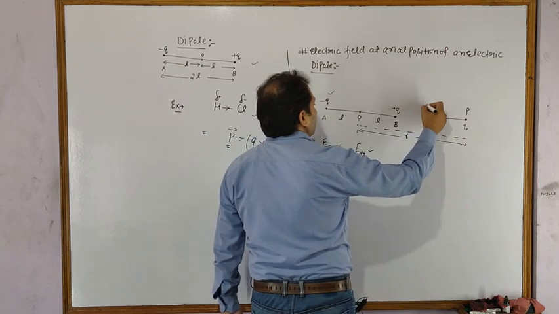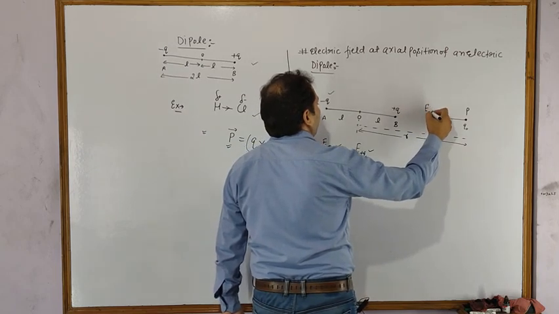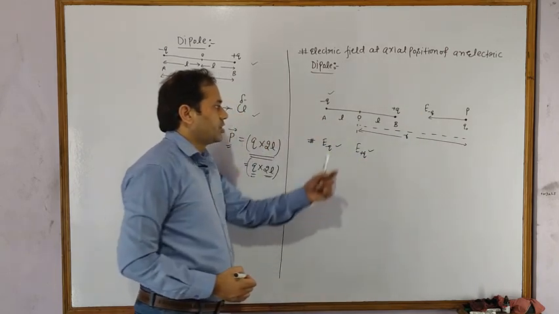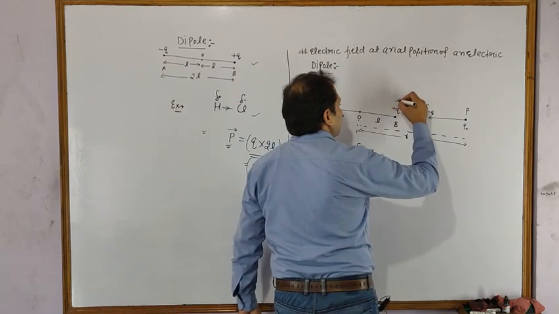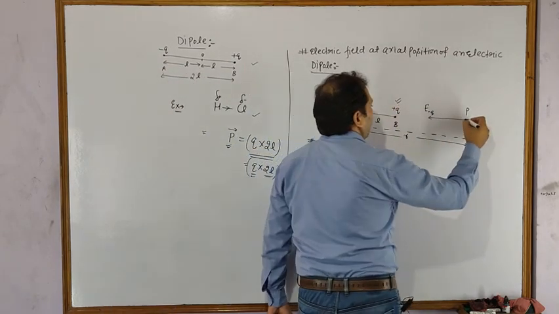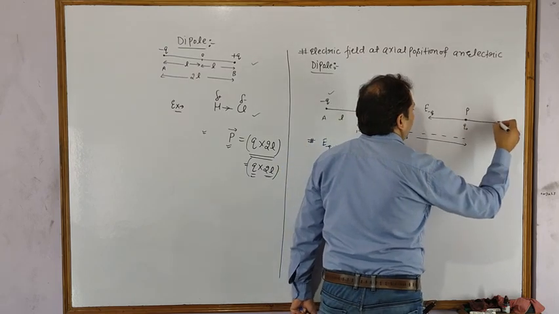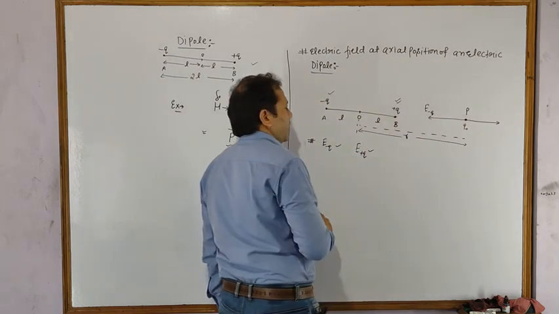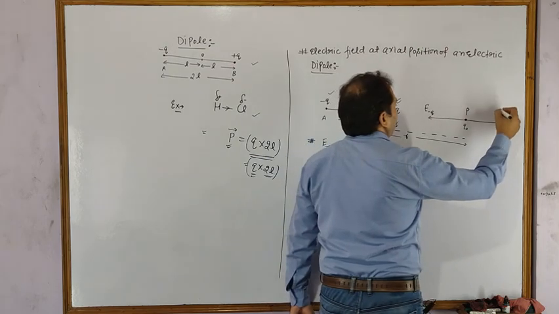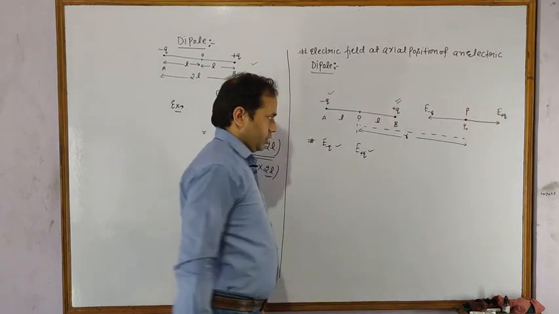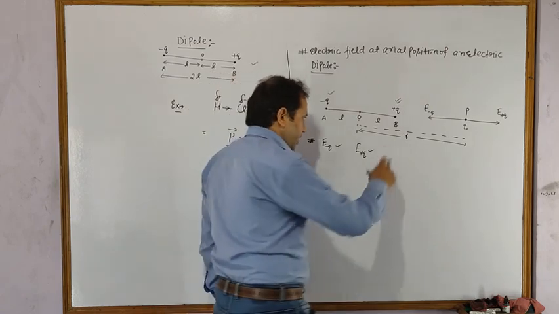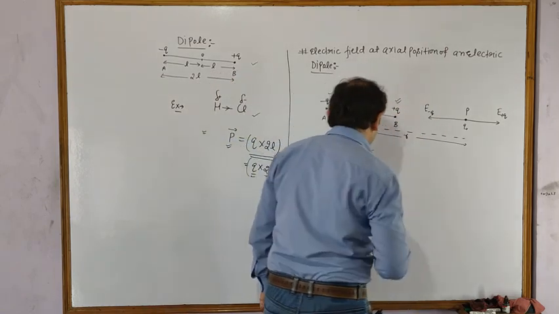And the electric field due to the positive charge at point B will be directed just away from the charge, that is towards the BP direction.